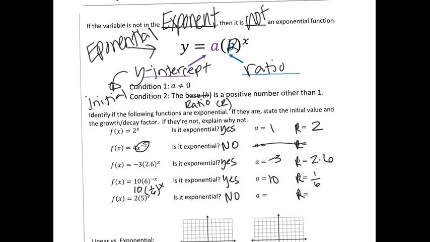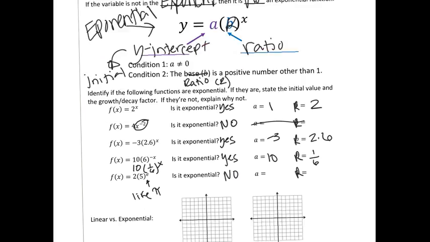Number 5 is no, because e is actually a number. It's like pi. I don't remember the exact value, it's like 2 point something. So that you don't assume it is pi, this is not an exponential function.